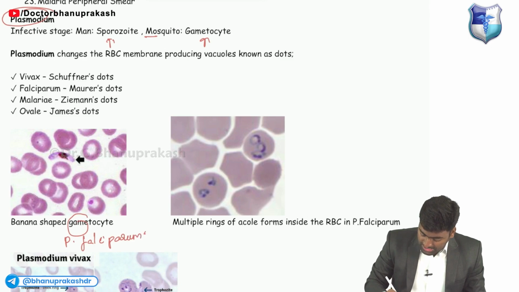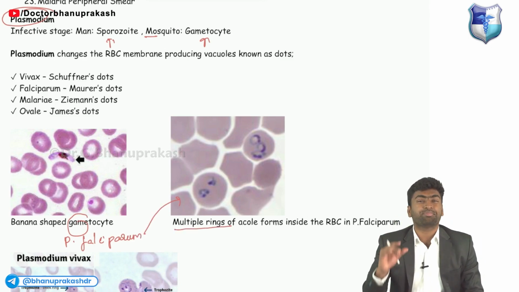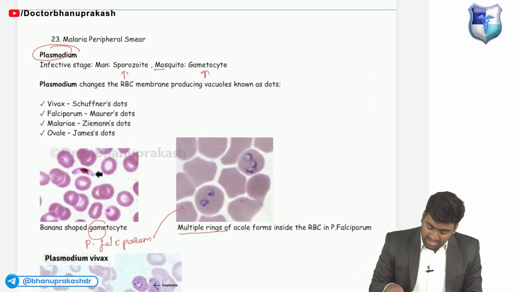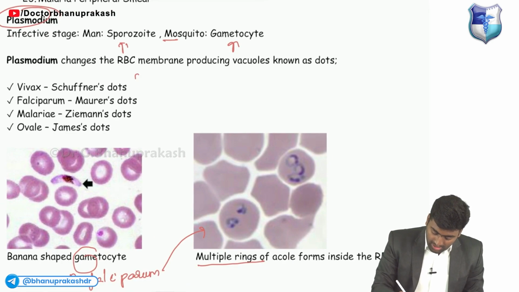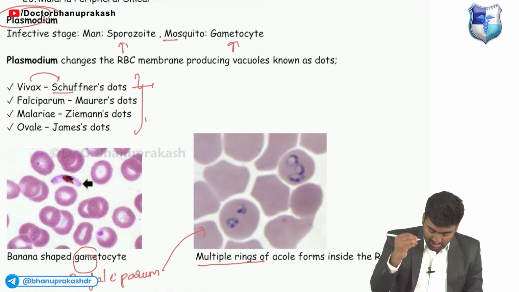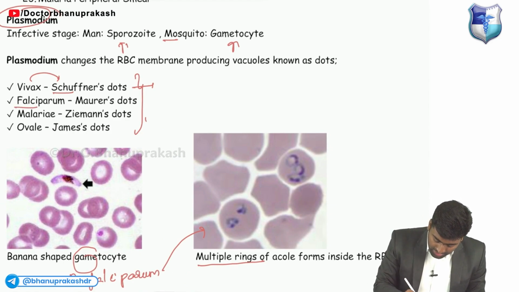And in Plasmodium falciparum, you will see multiple rings. It is not single rings, it is multiple rings. And there are a few additional dots you will see here. In the case of vivax, they will shuffle and ask. So you will see Schuffner's dots. Next, in the case of falciparum, remember, it is Maurer's dots.